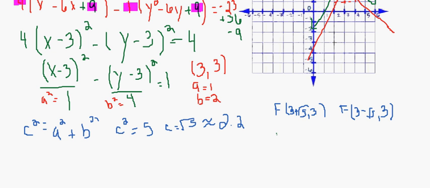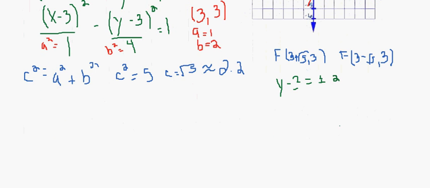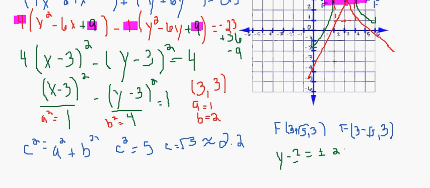And your asymptotes, you have the formula for your asymptotes. They're pretty simple. It's y minus k, so it's y minus 3 equals plus or minus b over a. So our b is 2, our a is 1, so 2 over 1 I'm just going to leave as 2, x minus h, so it's x minus 3.